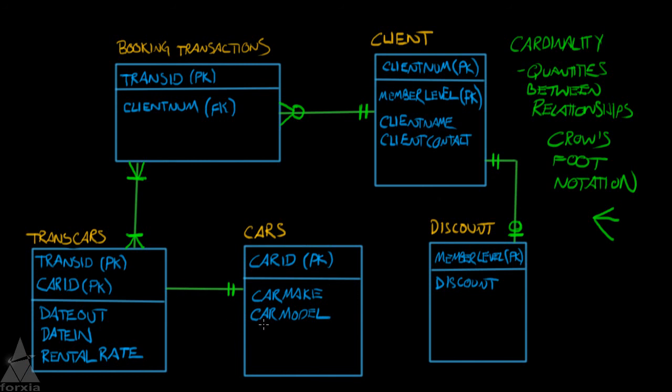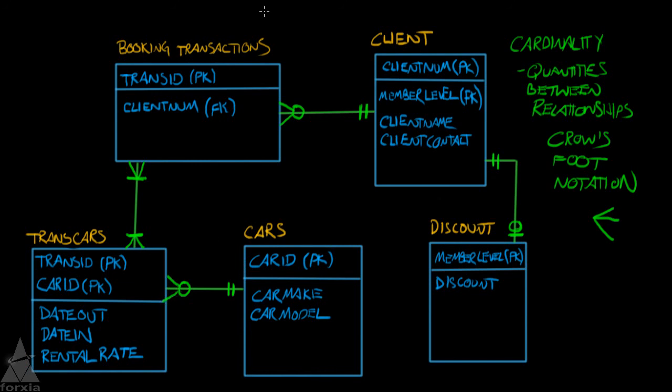Can we have more cars in the cars entity table than we have on transactions? If we bring a new car in, do we need to use that car right away? No, we can put 0 in because we can have a car that's not yet on a transaction. But if we do have cars on transactions, how many cars do we have? We can have many cars on transactions.